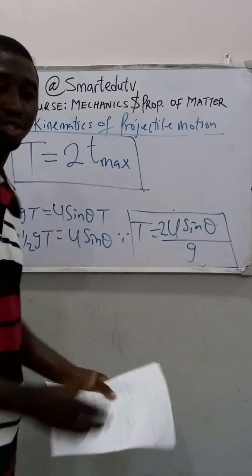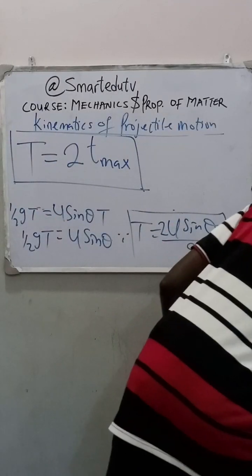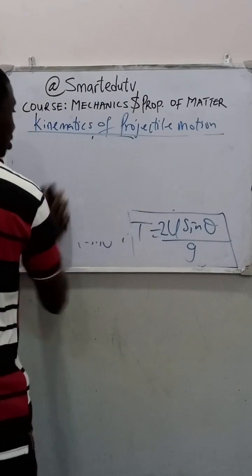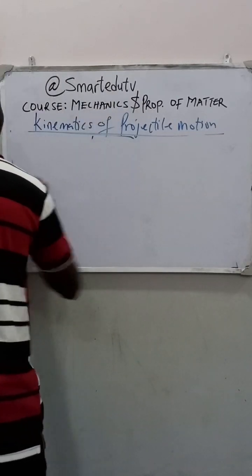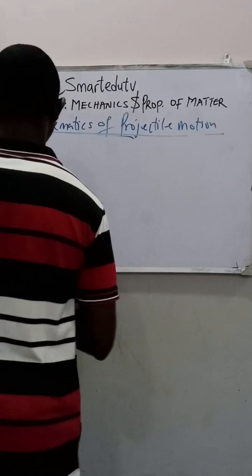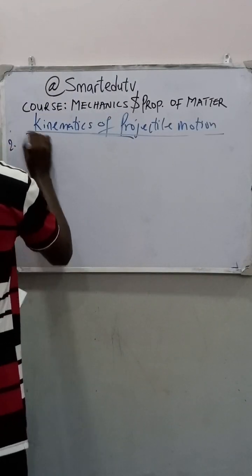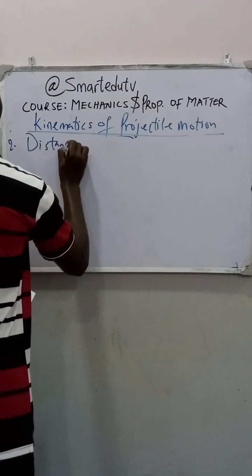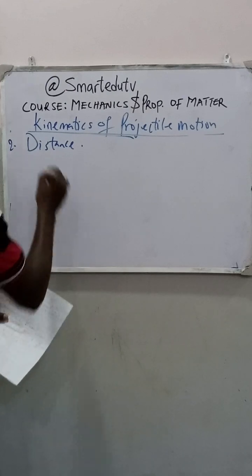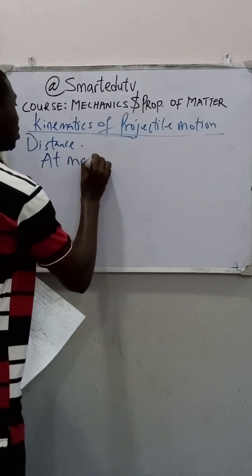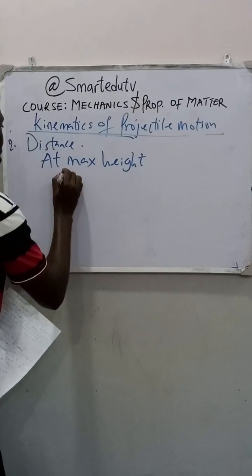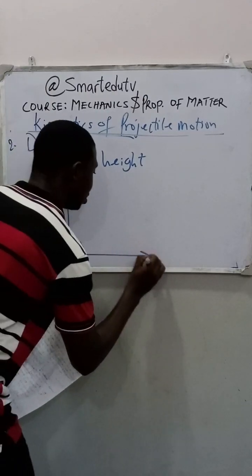So now we are going to start with the first one. We want to see what happens to the distance at the maximum height. Number 2, distance. At maximum height, let's see so that we can understand it better.